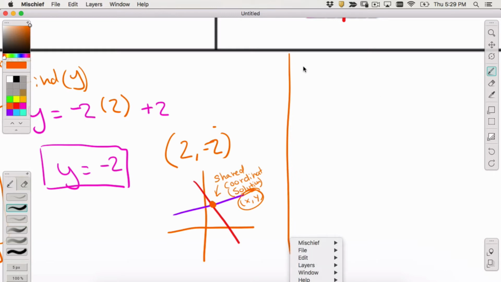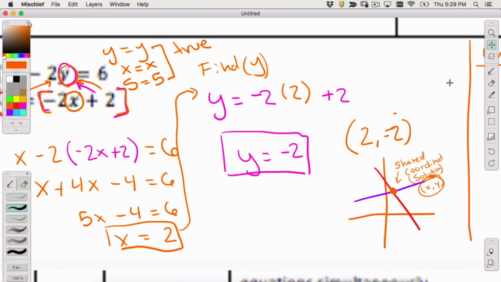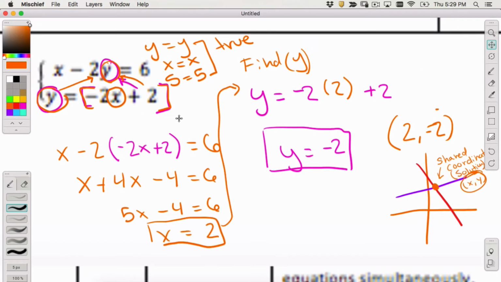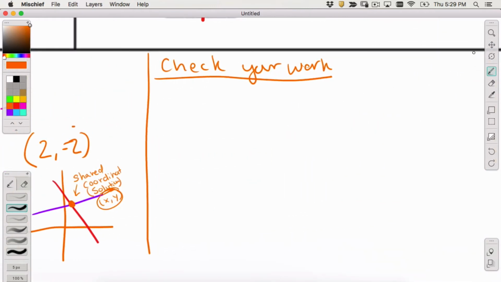A good way to check your work, and us math teachers are always happy when we see this on your page, an automatic 4, I swear it, would be to substitute these values into both of these equations and see if they are equal on both sides. And maybe doing this will actually illustrate a little bit better what I mean when they share the same point.